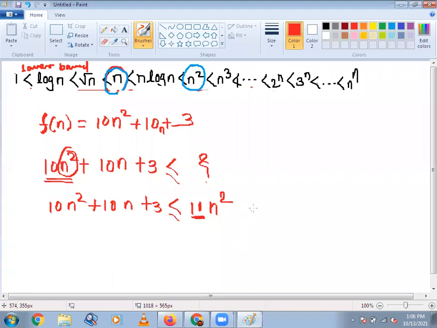Put n equal to 1. This is not possible for 1.